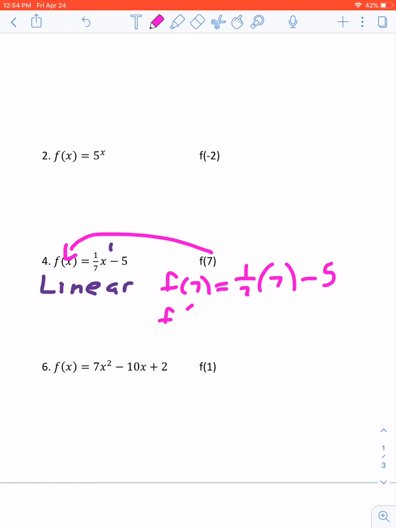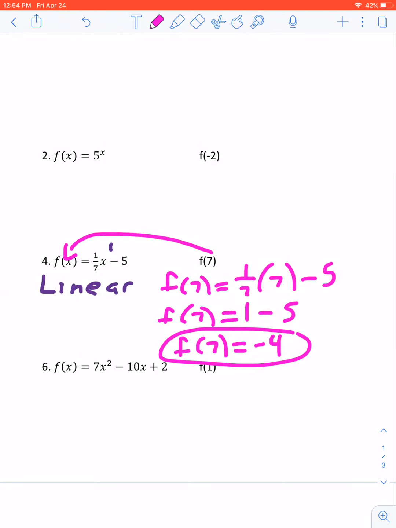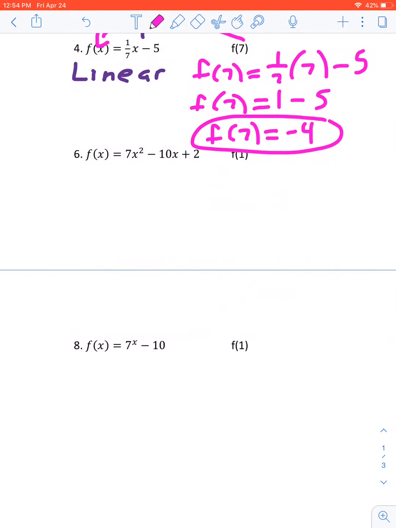Well, 1/7 times 7 is 1, so 1 minus 5, so f of 7 equals negative 4, and I'm done. So again, that's when they want you to evaluate. All you're going to do is just plug it in and simplify it down. Again, you do not mess with the left side of the equation. You leave it completely alone.